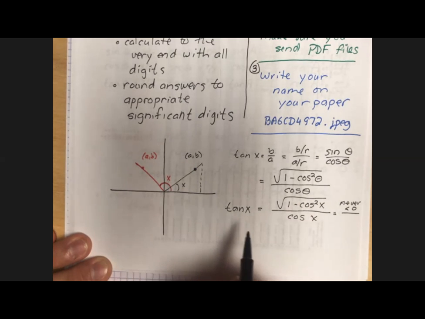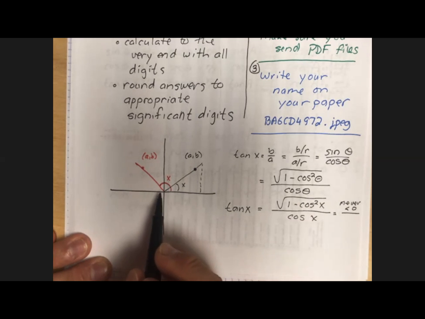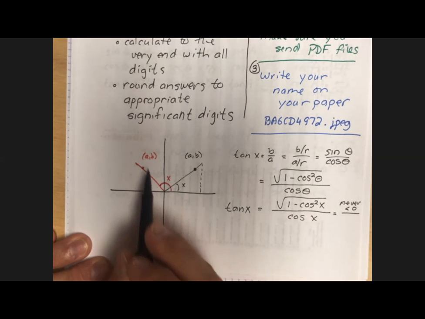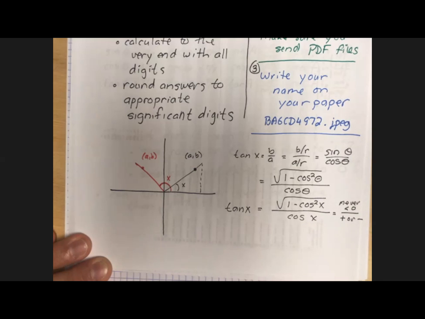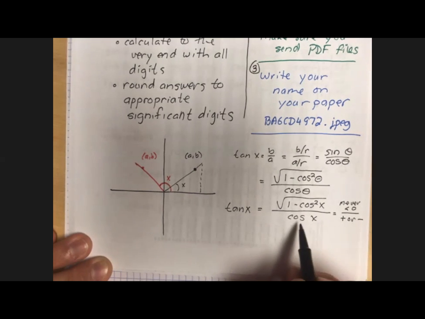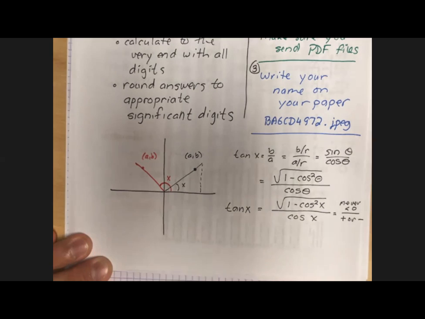But for that red angle that I just drew, sure, the tangent will be negative, but so will the cosine. So this cosine is automatically positive or negative. And in fact, when the cosine is negative, the tangent is negative here.